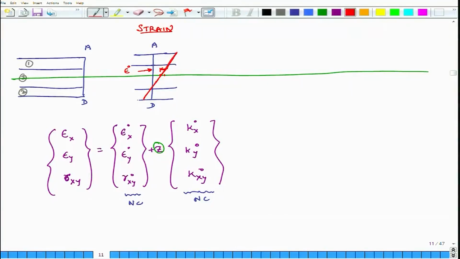The second thing we have to understand is how does Q vary. So, this is again AD, and these are the 3 layers.